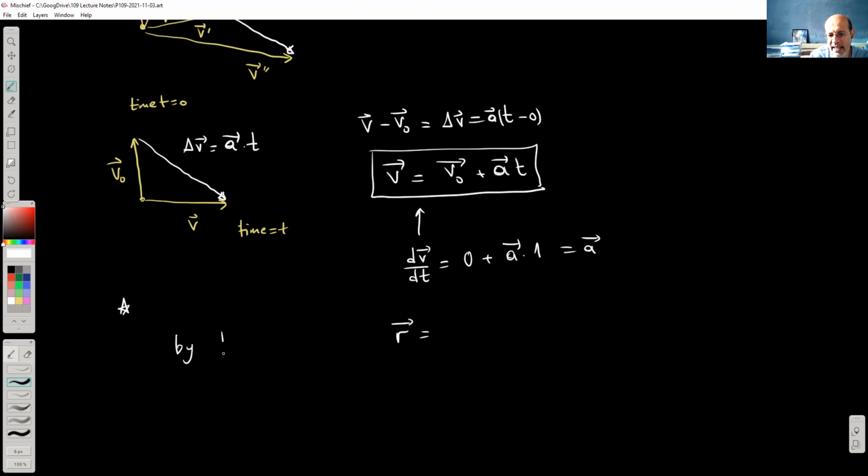By taking antiderivatives, I can easily say that the position is equal to the initial position plus the initial velocity times t plus 1/2 of a times t squared.